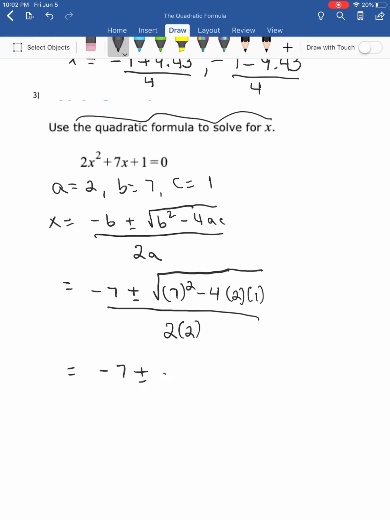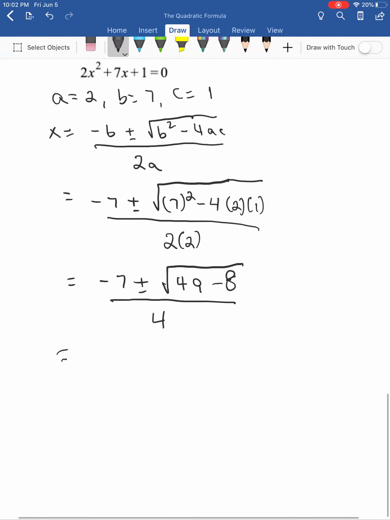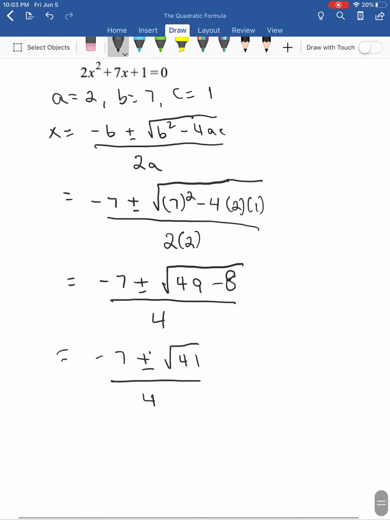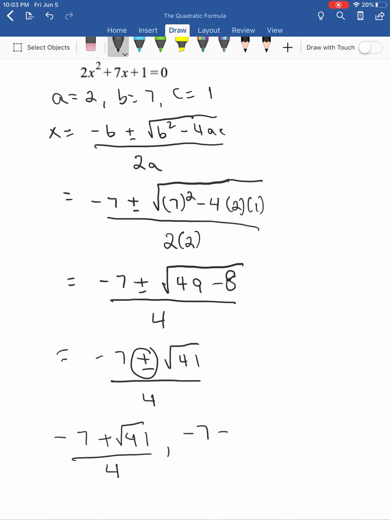So negative 7 plus or minus the square root of 49 minus 8, over 4, which is negative 7 plus or minus the square root of 41 over 4. Now all that's left is to separate them out: negative 7 plus square root of 41 over 4, comma, negative 7 minus square root of 41 over 4.